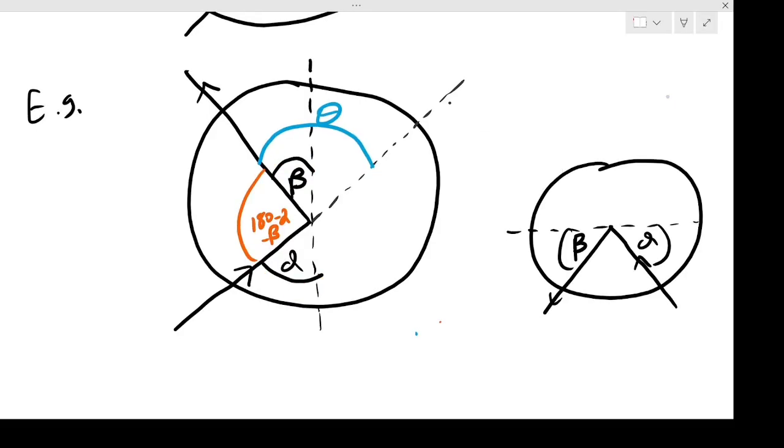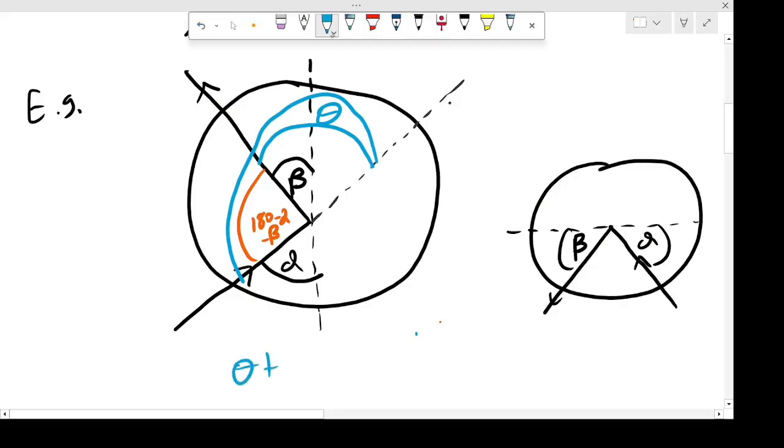And so then for theta, well, again, we're on this line here. So again, the blue angle theta and the orange angle are also on the same line. So theta add the orange angle, so the 180 take away alpha, take away beta, has to get me 180, right?